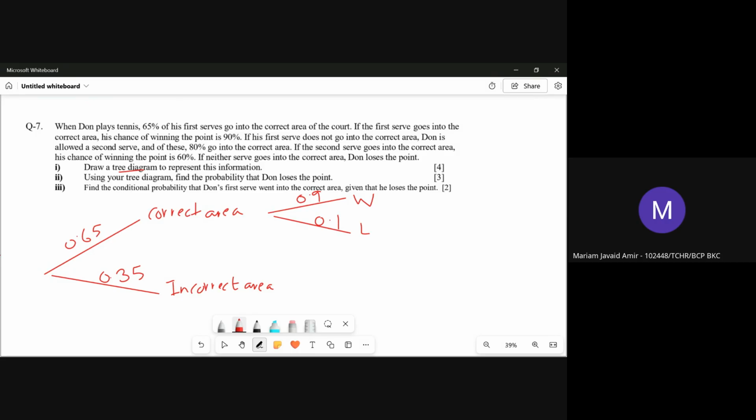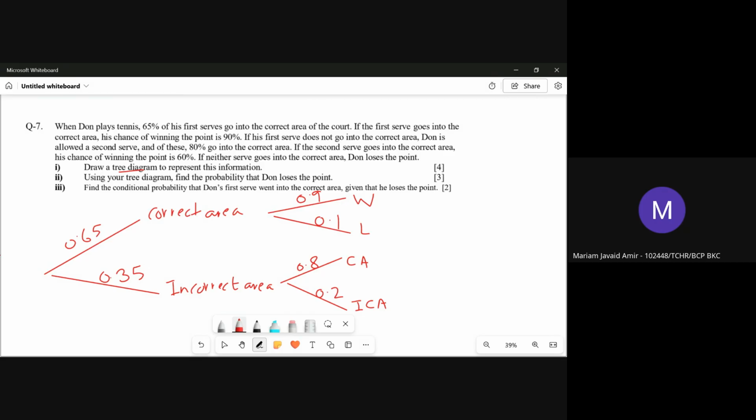If the first serve does not go into the correct area, Don is allowed a second serve, and of these 80% go into the correct area. So the probability that it goes into the correct area now would be 80%, so 0.8. That means the probability that it does not go into the correct area would be 0.2, which is 20%.